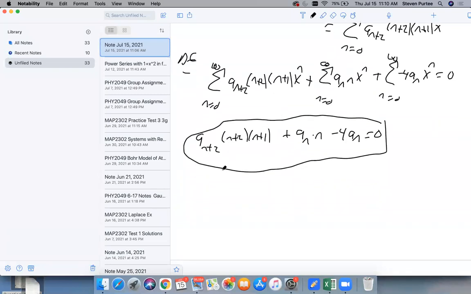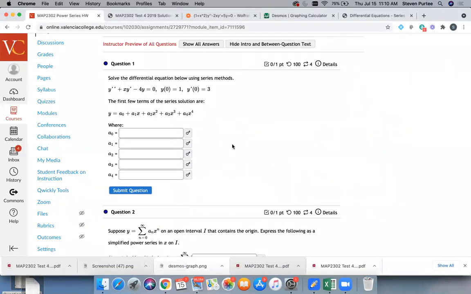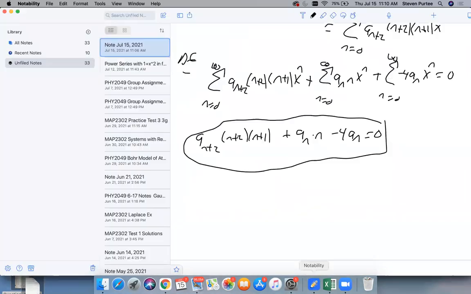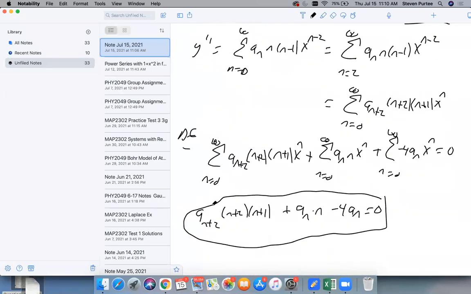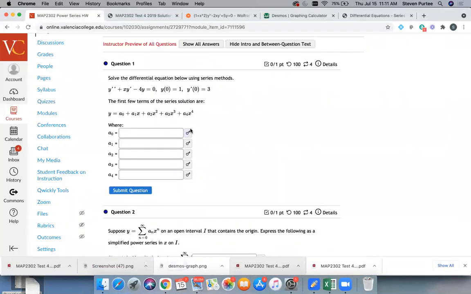And then once you get there, we're just finding the first few coefficients. And remember, anytime you have a second order DE, a_0 and a_1 are free. If you're solving an IVP, that's what these are. This is a_0. y of 0 is a_0. Always, every single time, as long as we're expanding about x equals 0.